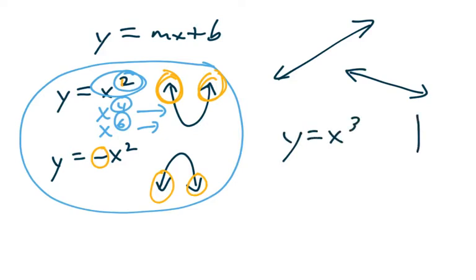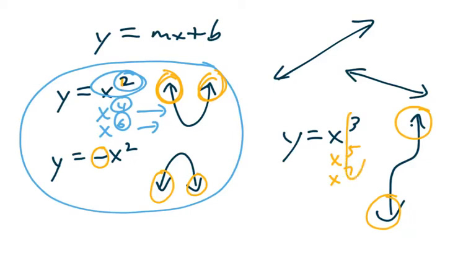And likewise, what about an x cubed? Well, x cubed always looks like this, where the right side of it goes up and the left side goes down. And this is the same thing as what an x to the 5th, an x to the 7th, or any odd function you see is going to guarantee: the positives stay positive and the negatives stay negative.